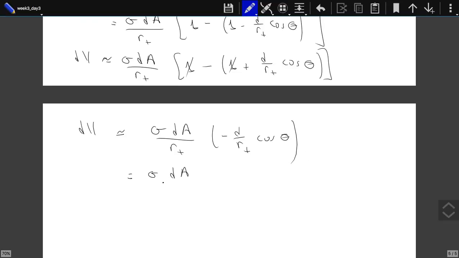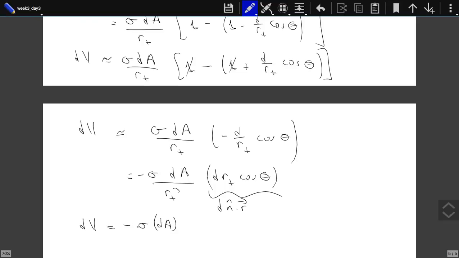times D over R plus cosine theta, which is nothing but D n hat dot r hat. So dV is minus sigma D dA over R plus squared times n hat dot r hat.